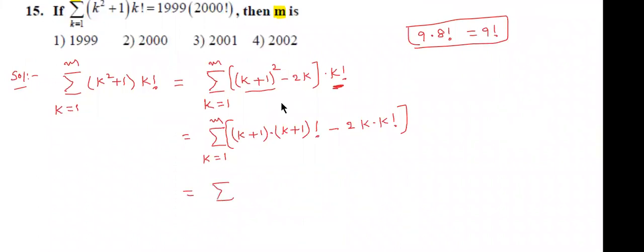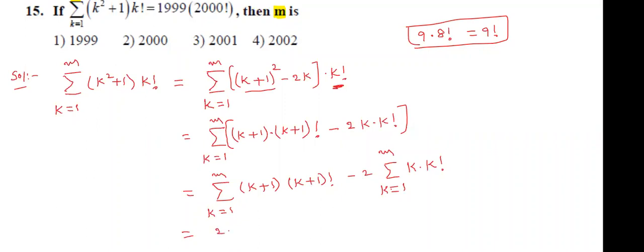Sigma k equals 1 to m of (k plus 1) into (k plus 1) factorial, minus 2 into sigma k equals 1 to m of k into k factorial. Okay, up to here understood now. Now expand the sigma.